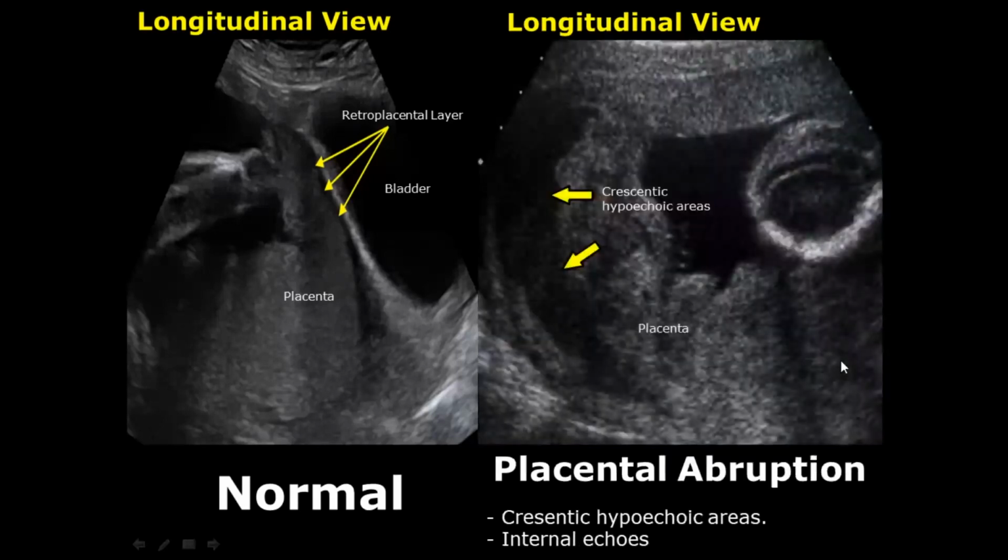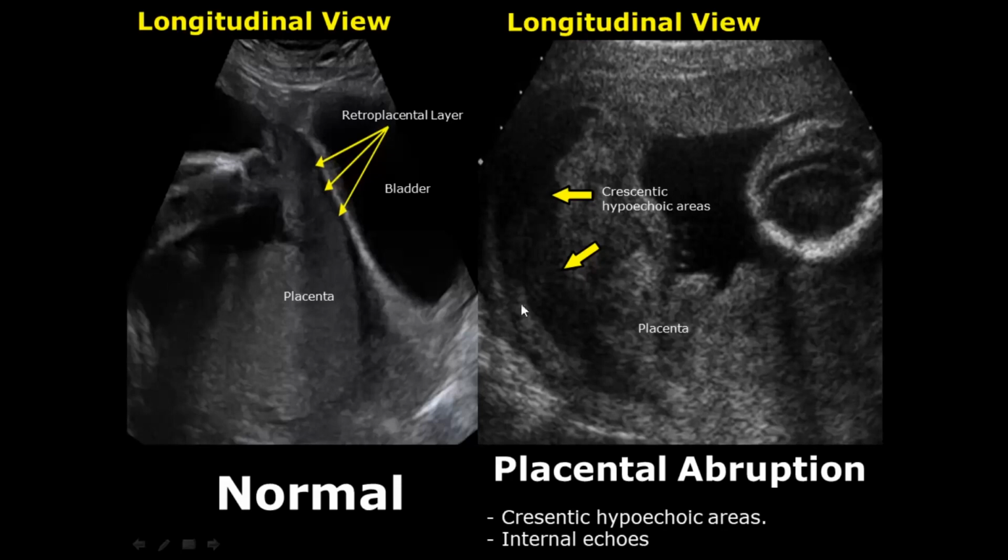Placental abruption is the premature separation of the placenta from the uterine wall. It is very difficult to diagnose on ultrasound as it can be confused with other conditions such as retroplacental hematomas, but it has a few features.